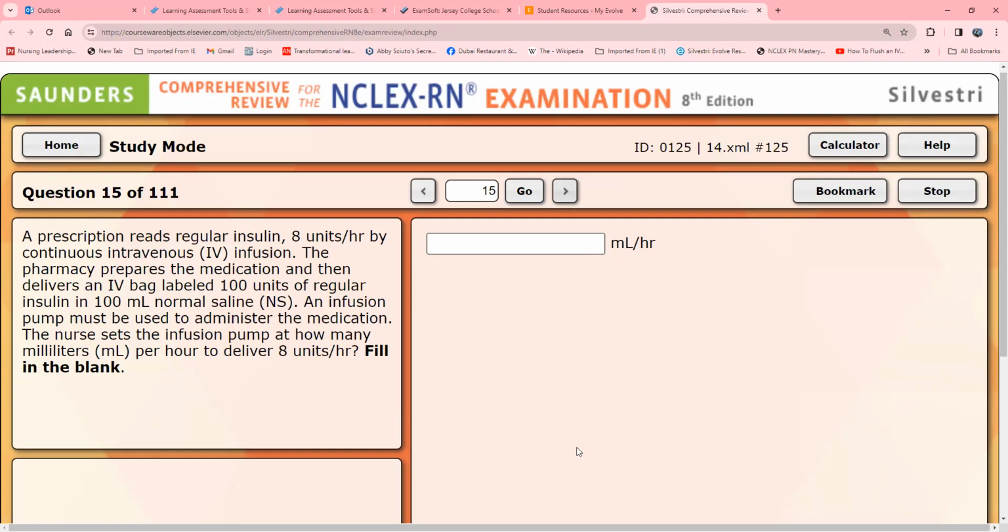You have to be able to see that. Okay, what does that mean? Every mL is equal to 1 unit. So if I'm supposed to deliver 8 units per hour and every mL is equal to 1 unit, I don't even need a calculator here, right? Yeah, it's 8. But do the math and make sure it comes out right. So 8 divided by 100 times 100, what'd you get? 8.